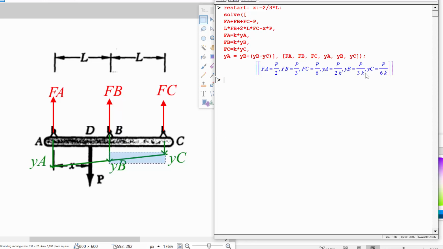This is a third plus a sixth, and this is a third minus a sixth. So it's balanced about point B in the center, all in a line there. And we have similarly the forces being proportional to the displacements through the Hooke's law relations that we had. So because A moves the most, it also ends up carrying the most load compared to B and C.